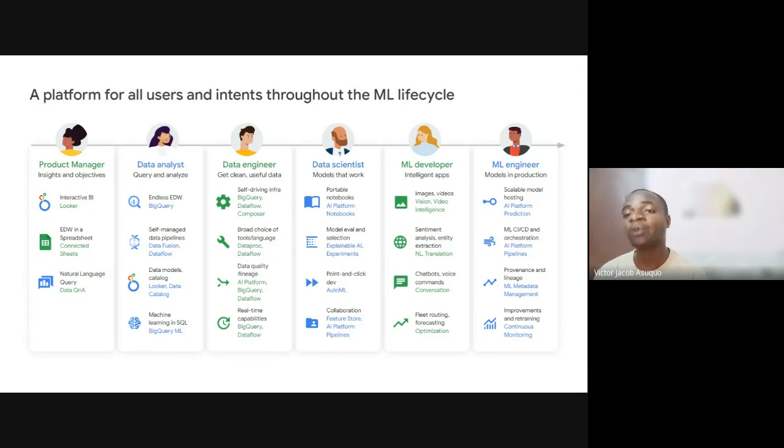So this is where the interesting part comes in, for machine learning engineers in production. We have scalable model hosting using AI platform prediction. Yes, you can build a pipeline, you can scale a whole lot of your machine learning applications on Vertex AI.